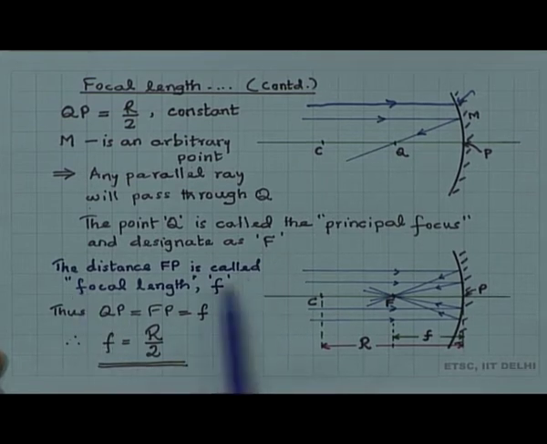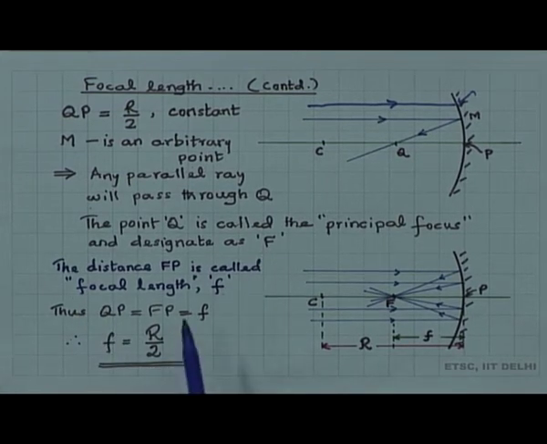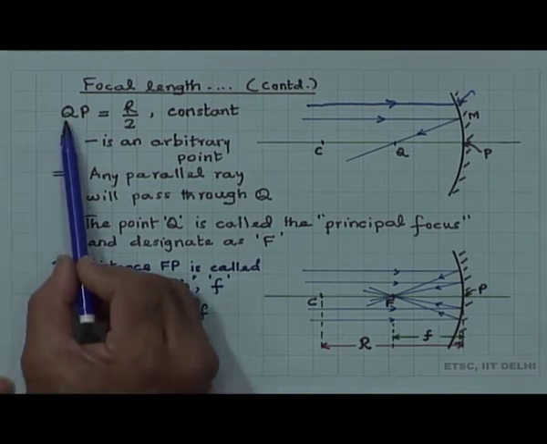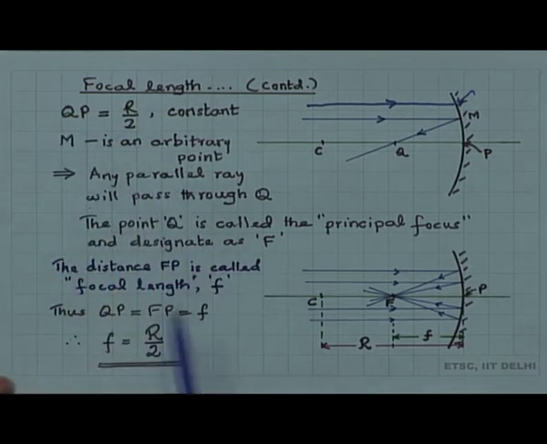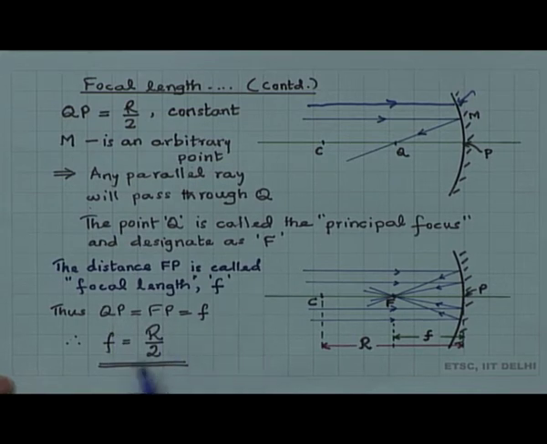The distance FP is called the focal length f, and therefore what we have shown is QP as R by 2. So, QP is equal to FP is equal to f, or what we have shown is f is equal to R by 2.